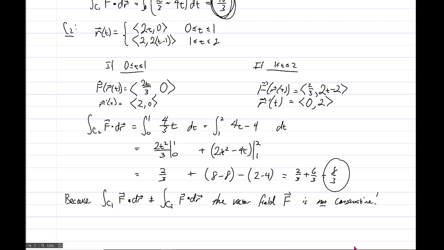So there's no path independence, in other words. Conservative and path independence should be the same thing. So there's no path independence.